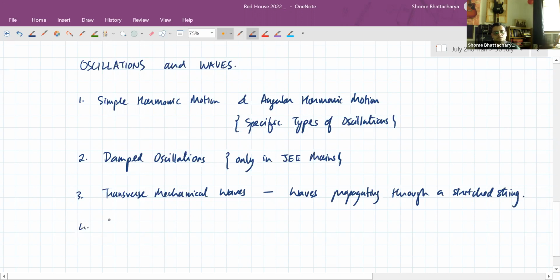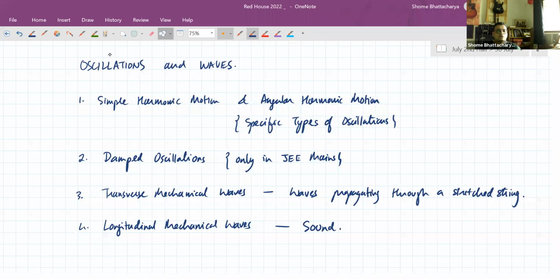And the final part of this section will be longitudinal mechanical waves, where we'll be studying sound, basically. We will be doing light as an electromagnetic wave at a later stage. So this section of waves only consists of mechanical waves. In a sense, it's the final part of mechanics.